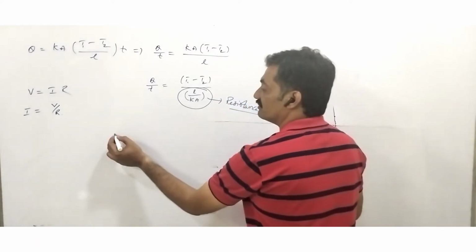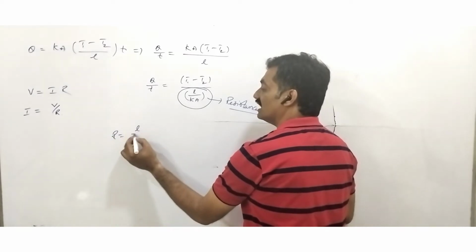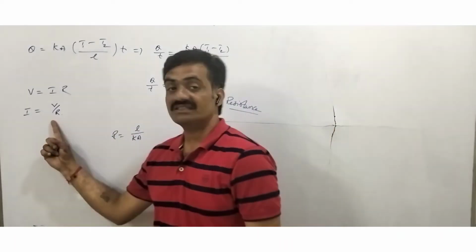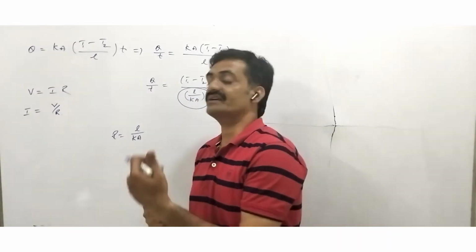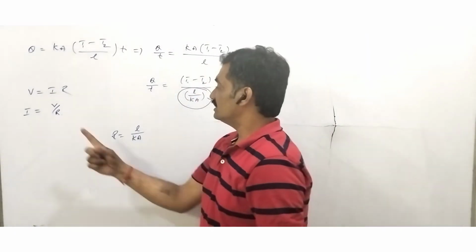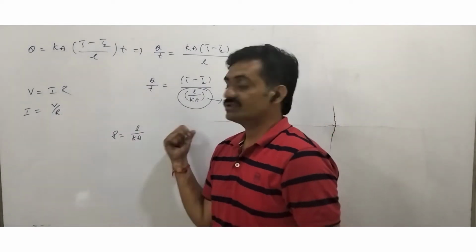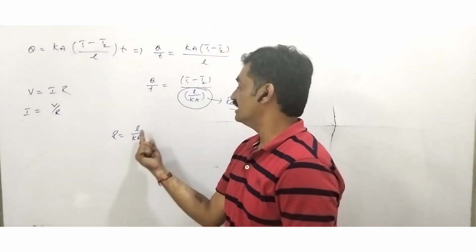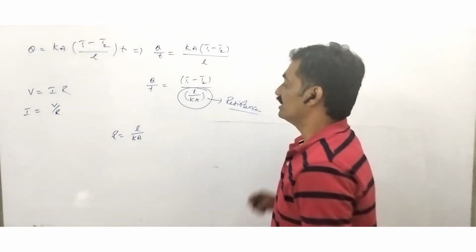So we can represent R equals L by K A, just like the resistance in a current carrying conductor. So here we can compare this. In the case of heat transfer, resistance is represented as R equals L by K A.